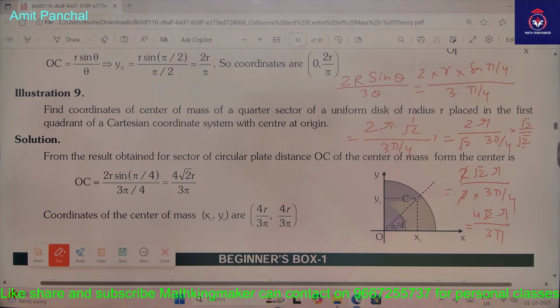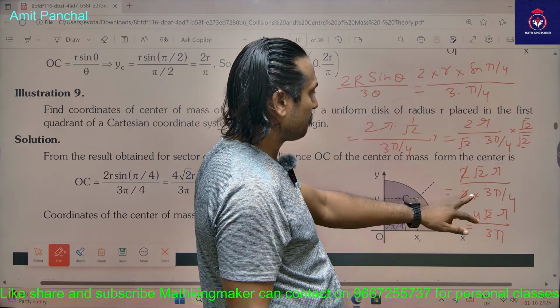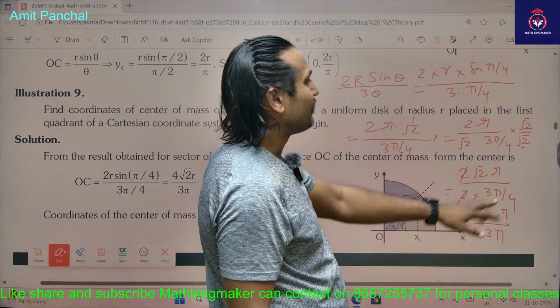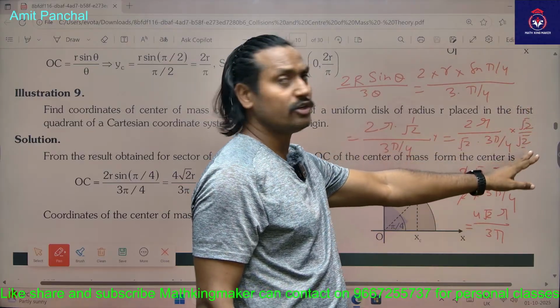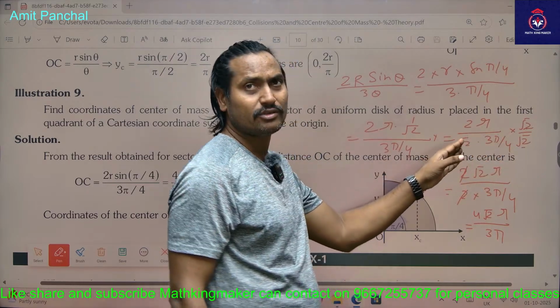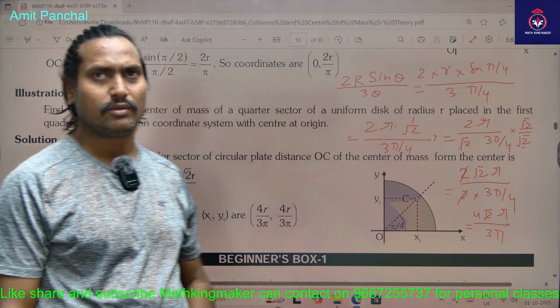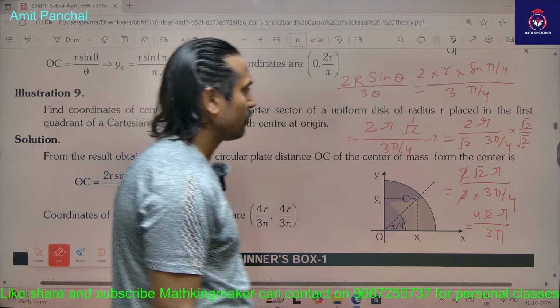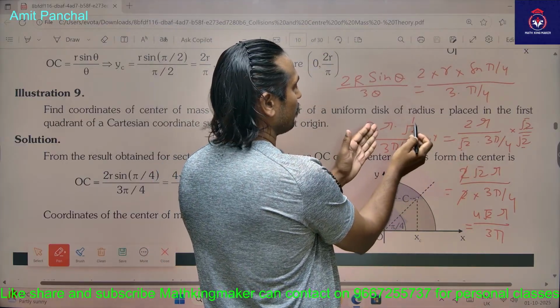Why was there root 2 left over in the third step? Which one? You're talking about this one? Yeah, why is there root 2 left over there? Shouldn't it be cancelled? I have multiplied root 2 in numerator and denominator to rationalize the denominator.